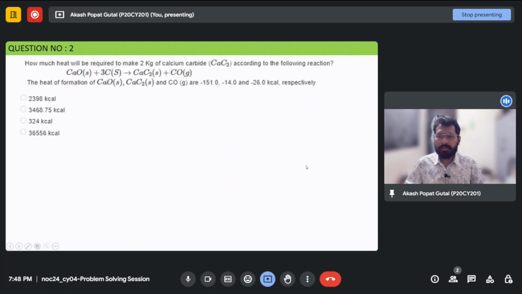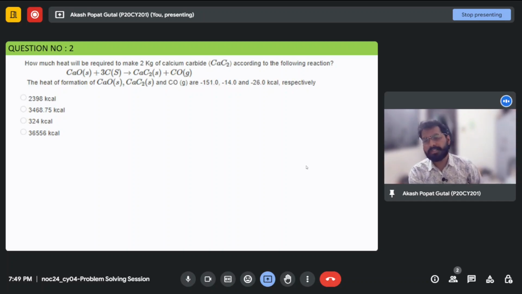So the next problem is how much heat will be required to make 2 kg of calcium carbide, CaC2, according to the following reaction: CaO solid plus 3 carbon in solid state gives CaC2, calcium carbide, plus CO, gaseous carbon monoxide.